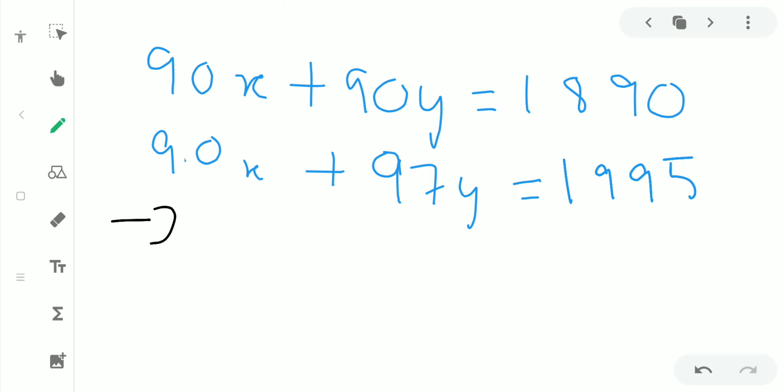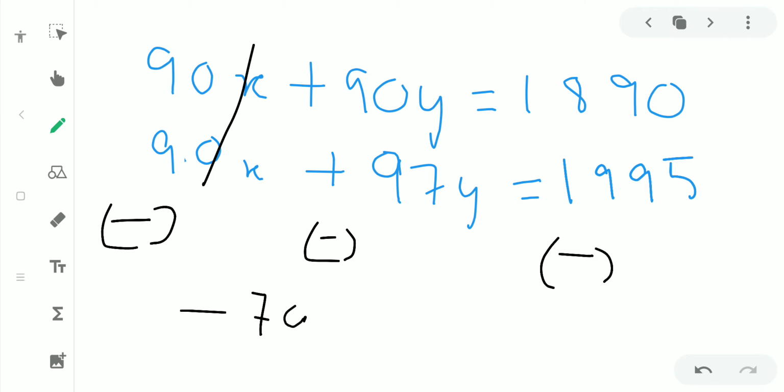So when we subtract, the 90x terms will be cancelled. 90 minus 97 is minus 7y is equal to 1995 minus 1890. I am just doing the reverse so that we get the correct number, and we can put a minus sign in front of it.